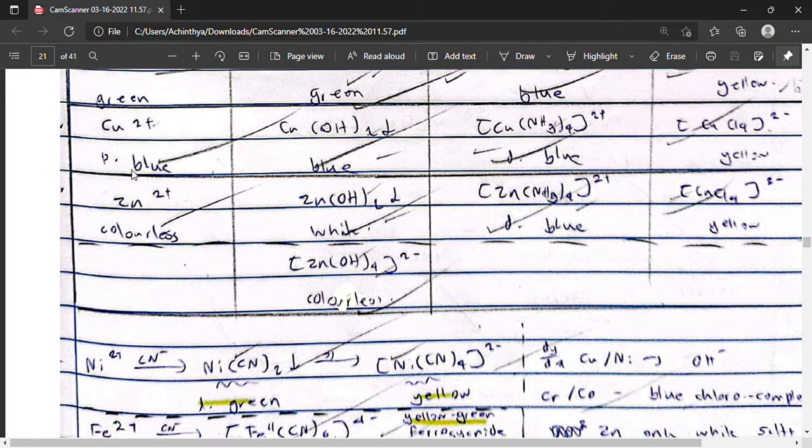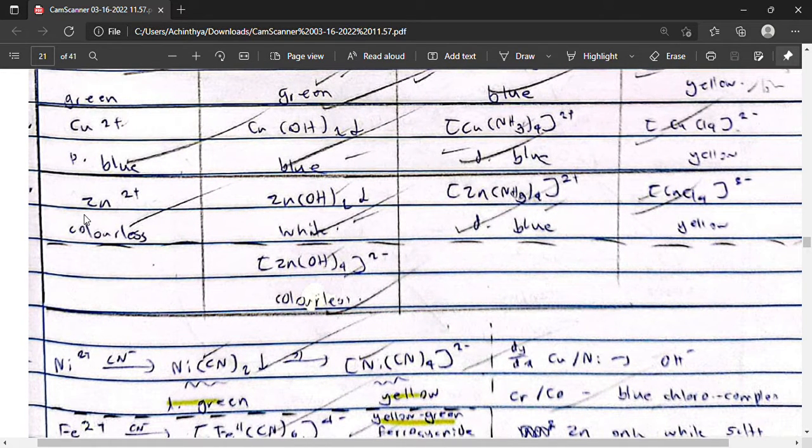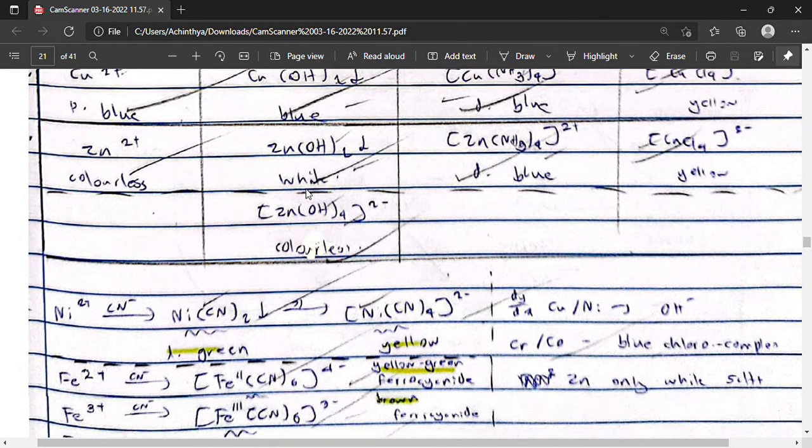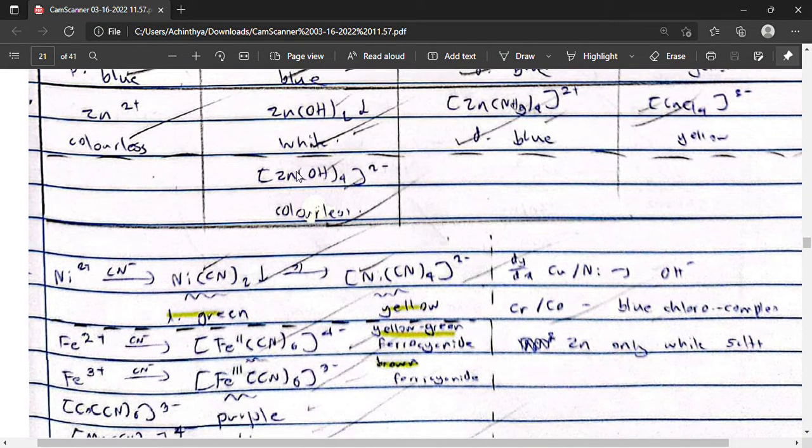Zinc is rather easy to remember because it produces a colorless solution. When we add hydroxide, it forms a white precipitate, zinc hydroxide. When excess hydroxide is added, it forms this colorless hydroxide complex, Zn(OH)4 2-.